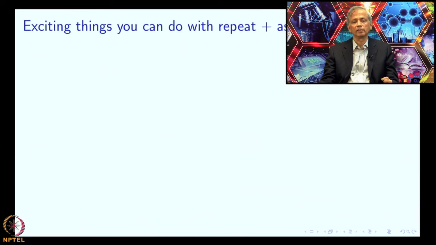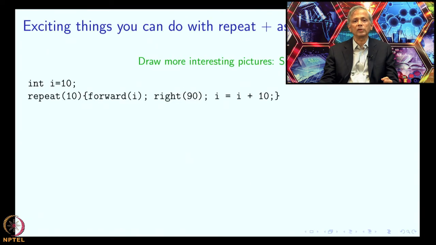So what can you write? We can draw more interesting pictures. For example, here is the code to draw a spiral. We start with int i equal to 10 and then repeat 10 times: forward i, right 90. This is almost like drawing a square, but after each right 90 we are going to change i.